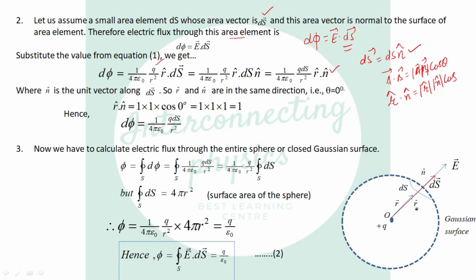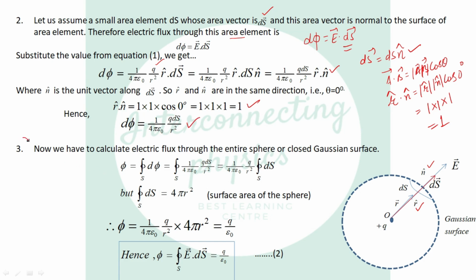These two vectors r cap and n cap are in the same direction, so theta is 0 degrees. So magnitude of unit vector 1, magnitude of unit vector 1, cos 0 is 1, so the answer will be 1. The result will be d phi equal to 1 over 4 pi epsilon naught, q dS divided by r square.